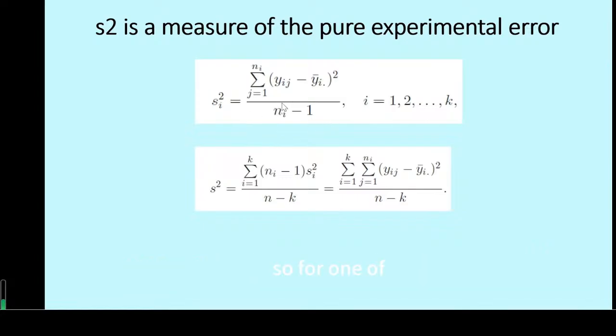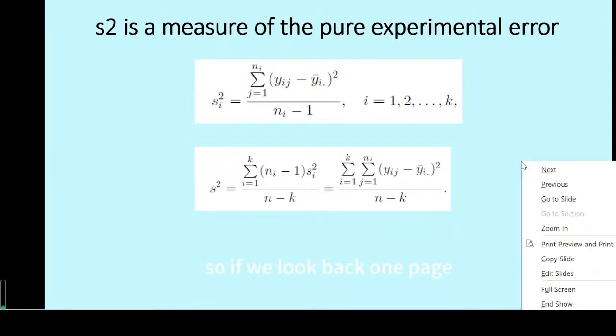For one of the xi independent variable values, we get the observed y value, then minus this y bar for the given xi, then take a square and divide it by ni minus 1. So this is called Si square, and we sum all the Si squares, putting all the Si squared and dividing by n minus k. So we get this Si, the real pure random error.